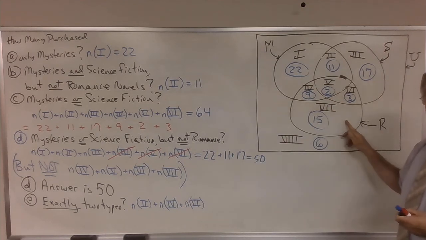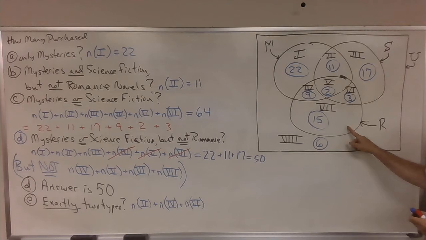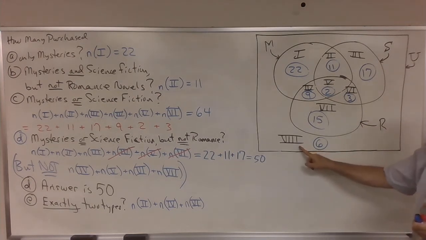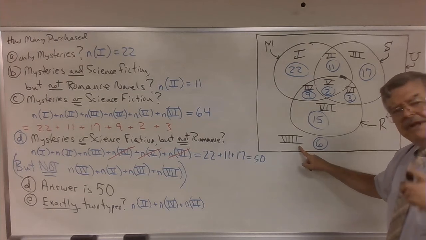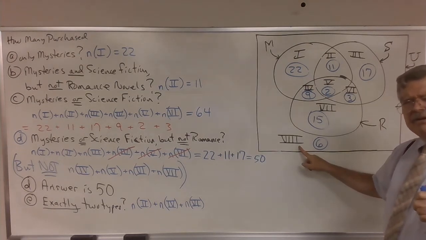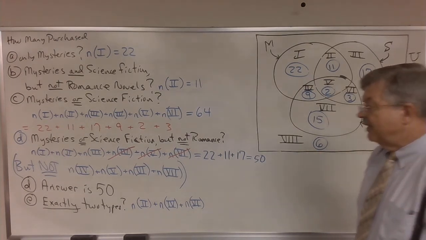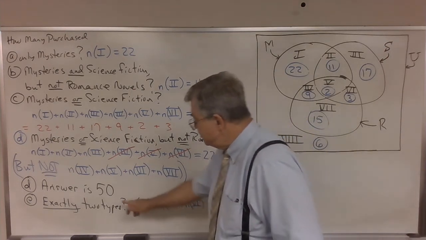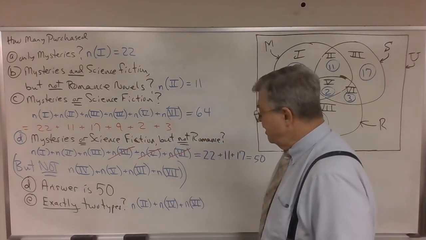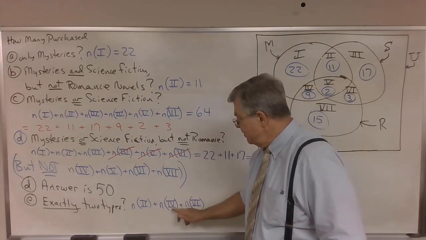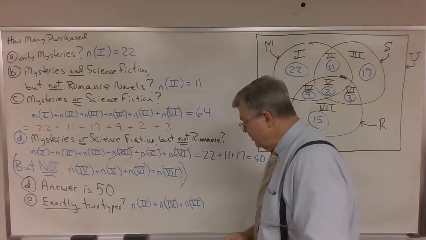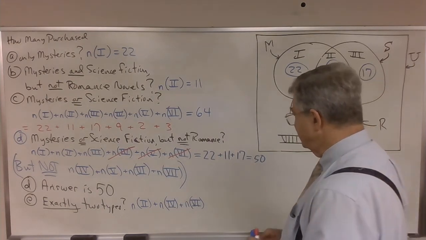Region 7, is that contained in exactly 2 circles? No, region 7 is only contained in 1 circle, the romance circle. So region 7 isn't one of those regions. And what about region 8? Region 8 isn't contained in any circle, is it? So the people who read exactly 2 types of books are either in region 2 or region 4 or region 6.